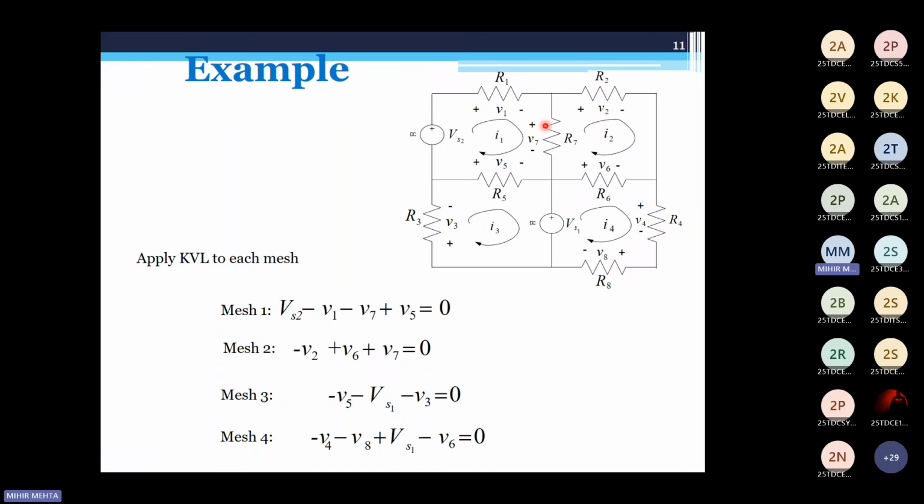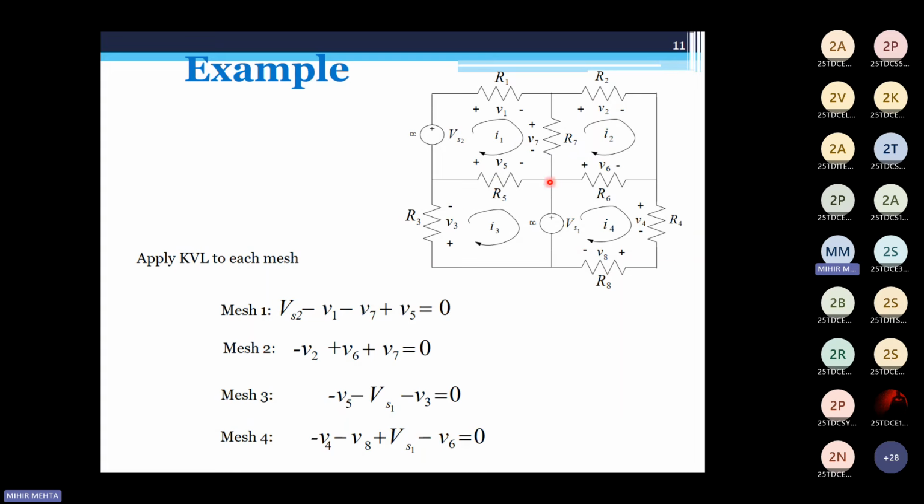We'll talk about this current through R7 as well. But right now, when we talk about voltage, if this is positive and this is negative, the current would move from positive to negative. So the current in resistance R7 would move from top to bottom, which is the same direction as our loop, mesh 1. So we'll take this also as minus V7.